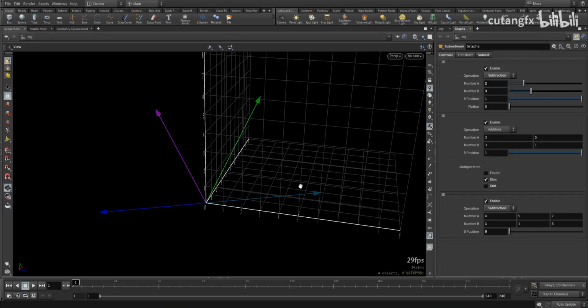Okay, so the from is the one that we negate, and the to is the one that's left the same. So if we wanted to actually get from the green to the blue, then we would actually say blue minus green. We would negate our green vector, leave our blue the same, add them together, and that will give us the result of how to get from green to blue.